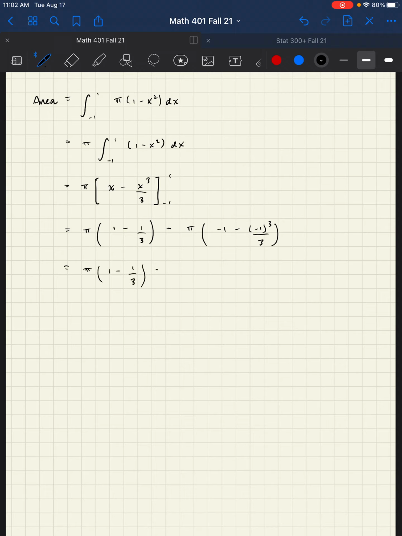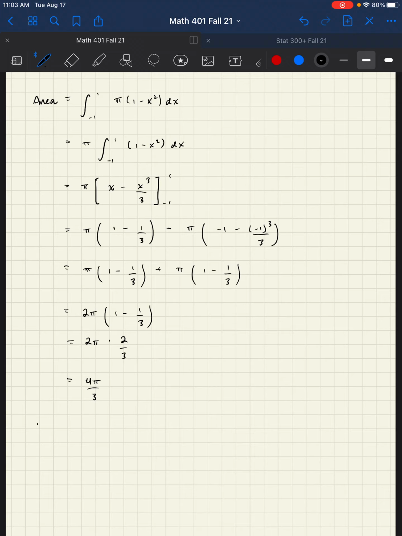So we're going to end up with pi (1 minus 1/3) plus pi (1 minus 1/3). And that is the same thing. So let's just write it as 2 pi (1 minus 1/3). And of course, 1 minus 1/3 is 2/3. So it's going to be 2 pi times 2/3, which is 4 pi over 3.